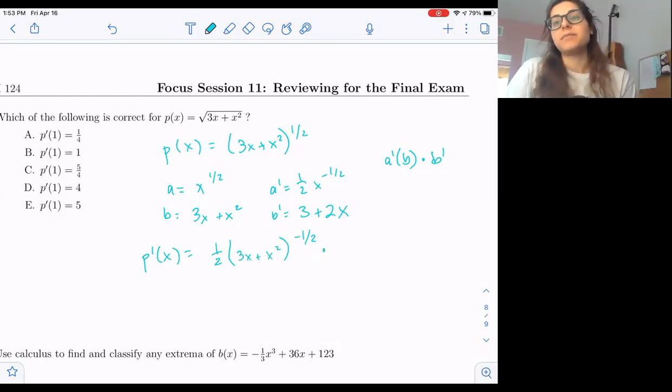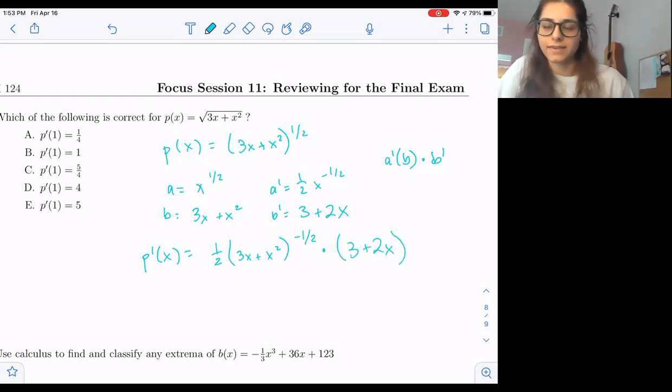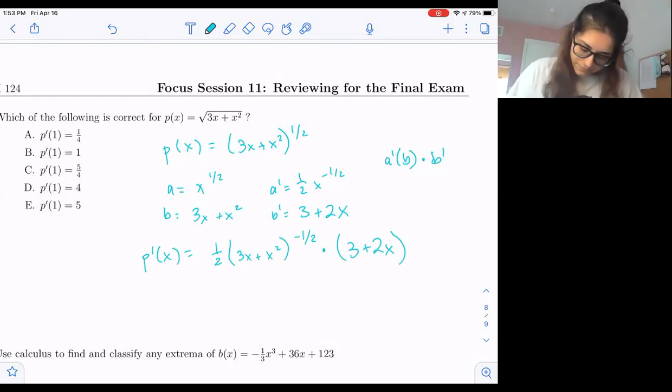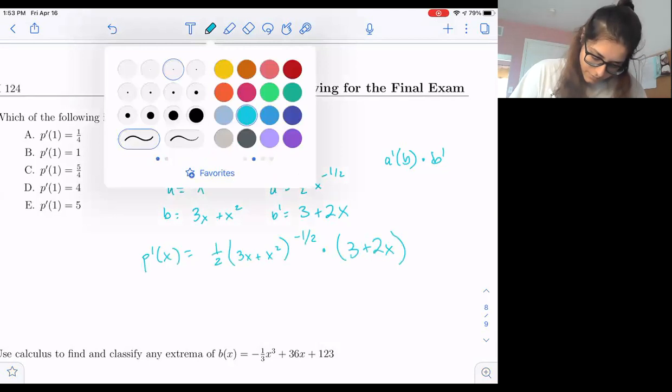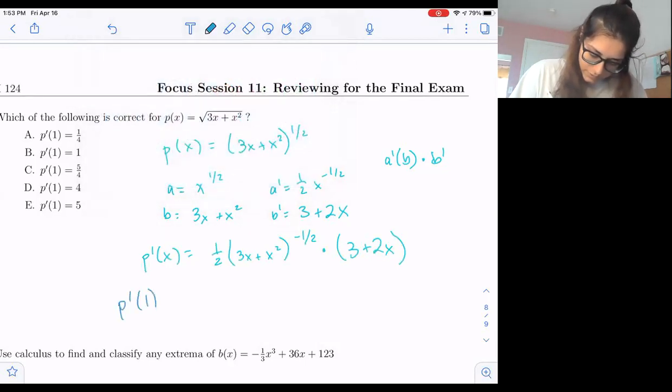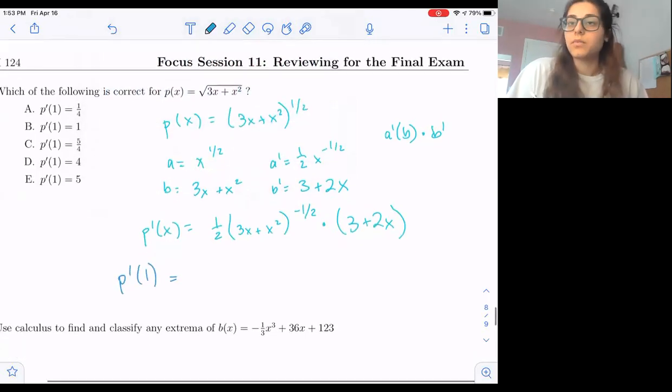And that'll be multiplied by b prime. So remember, use parentheses here, 3 plus 2x. All right, so we don't have to simplify because we're going to plug in 1. So it'll just kind of be like a waste of time. Don't bother with that. We want to find p prime of 1. So p prime of 1, I'm going to plug in 1 for x.